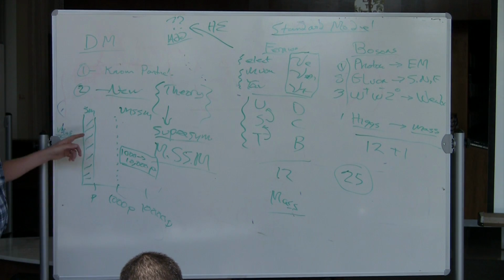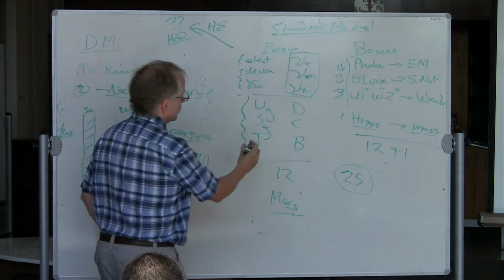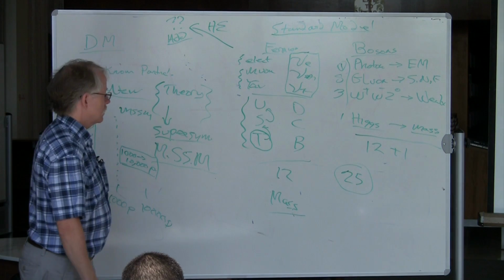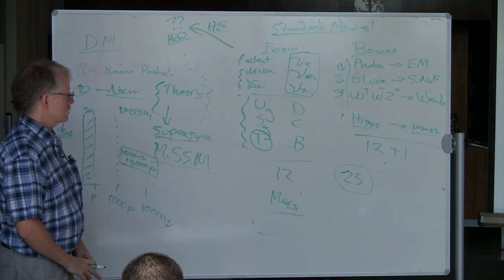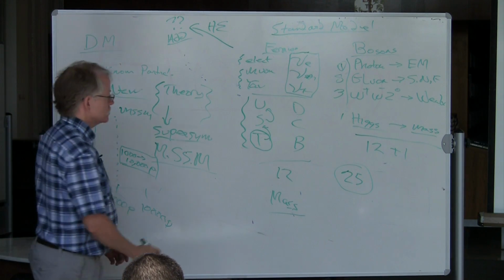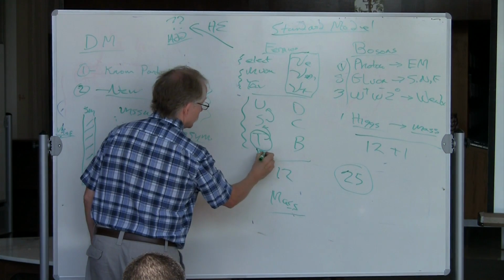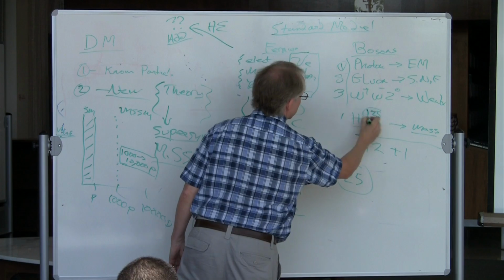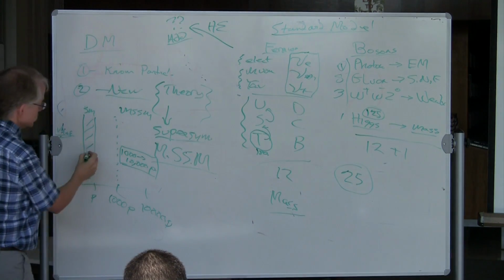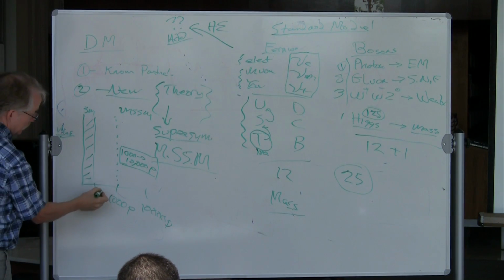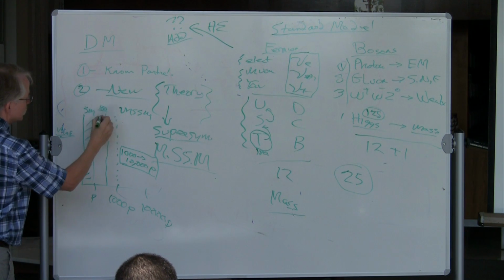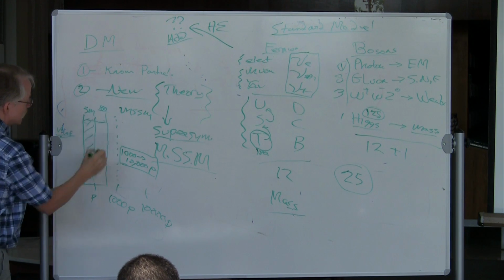The most massive particle that we know about right now is called the top quark. It's at about 180 times the mass of a proton. And the Higgs is at about 125 times the mass of a proton. So all of the things that we know about are in this range here.